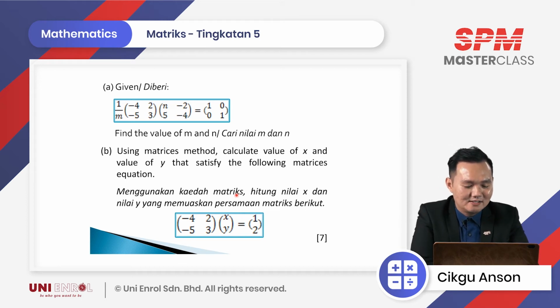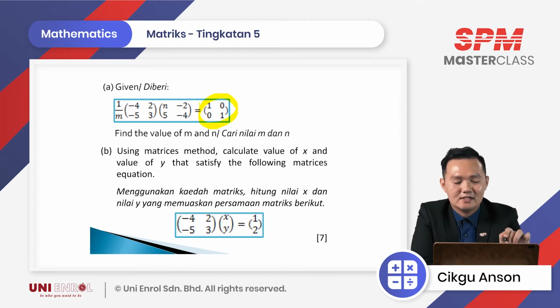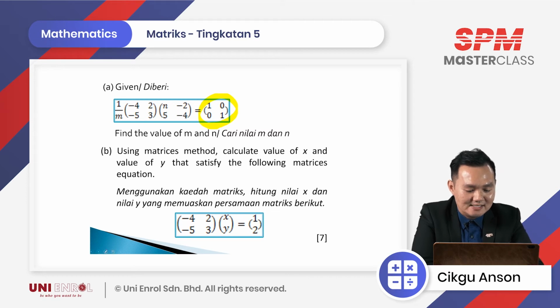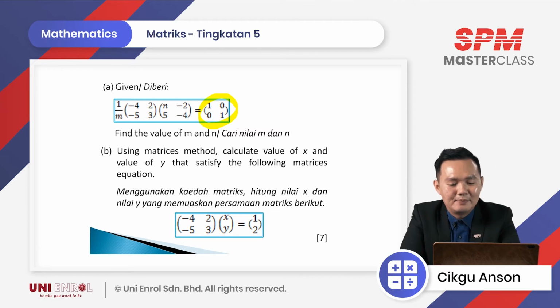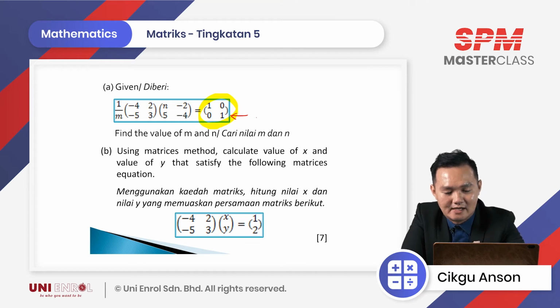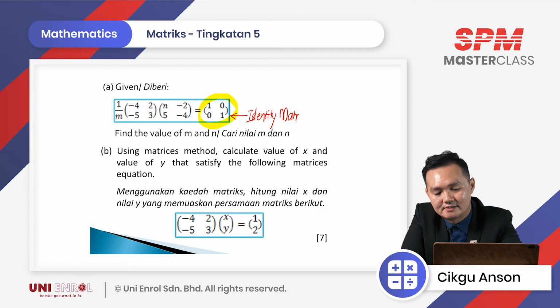A lot of people don't know how to answer, they don't understand what 1001 is. This is called the identity matrix. What is an identity matrix?